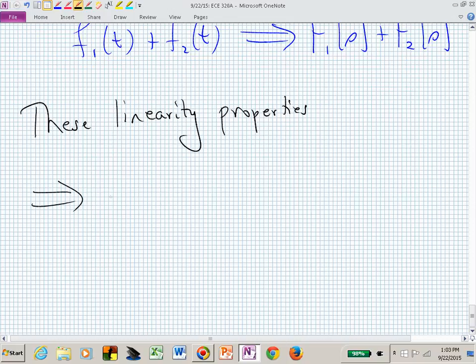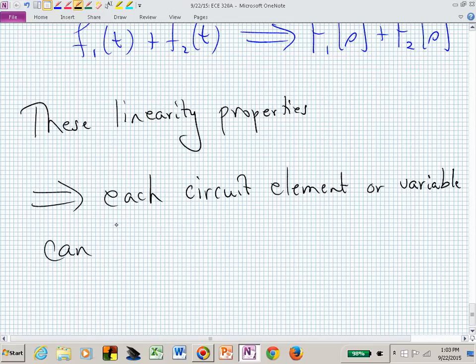Which now says that each circuit element, and here think R, L, and C, or circuit variable, maybe you have some dependent sources. These different elements and variables can actually be transformed by themselves or separately, and then added together.